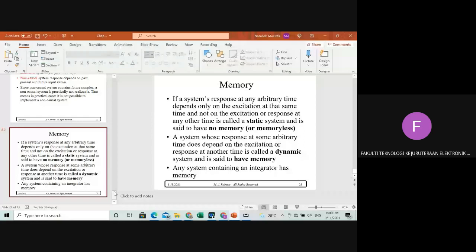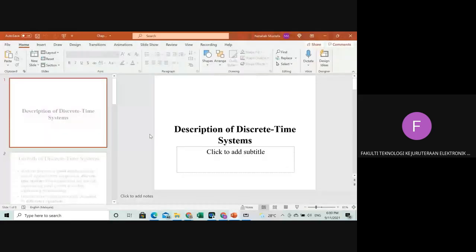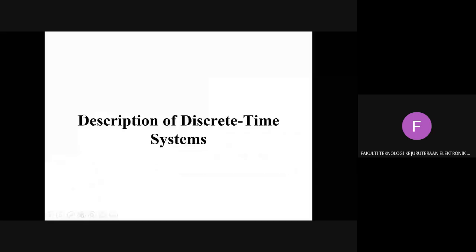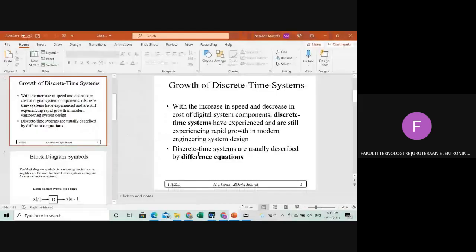Okay, so the same goes for discrete time systems. For continuous time systems, we have differential equations.